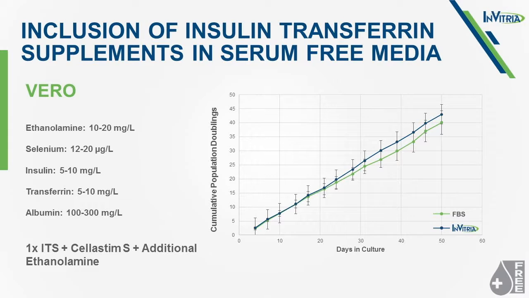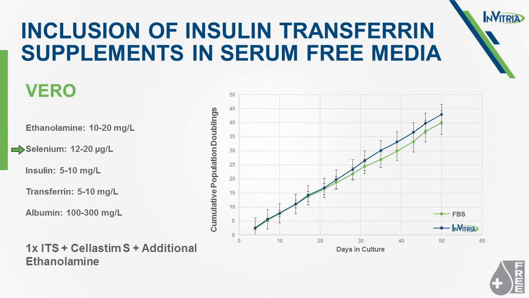This would actually cause an excessive amount of insulin, transferrin and sodium selenite, which would be very detrimental to Vero cells. As you can see, the transferrin level is actually quite low for Vero cells, and the data would indicate that concentrations over about 15 to 20 mg per liter of transferrin are actually quite detrimental to these cells.